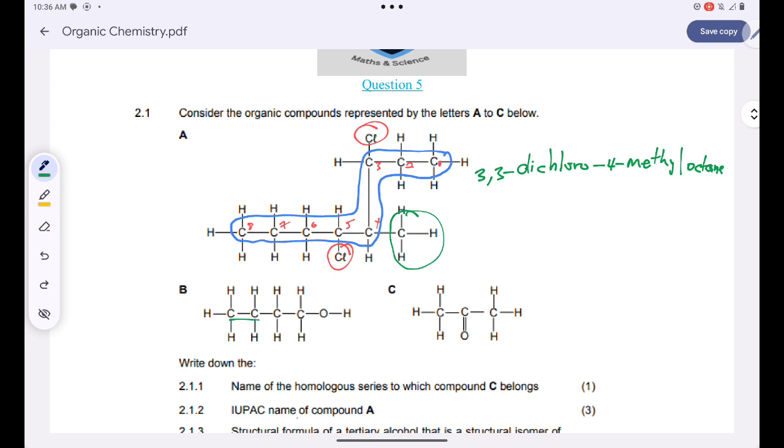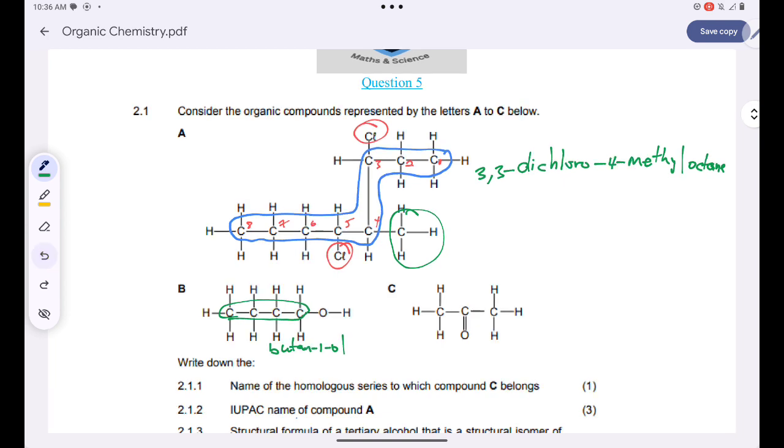Then compound B is quite simple. I'm dealing with the primary alcohol that has 4 carbons. It's just butan-1-ol. Compound C is also simple. I have a ketone. Why do I say I have a ketone? Because the carbon that has a double bond to O is bonded to 2 adjacent carbons.